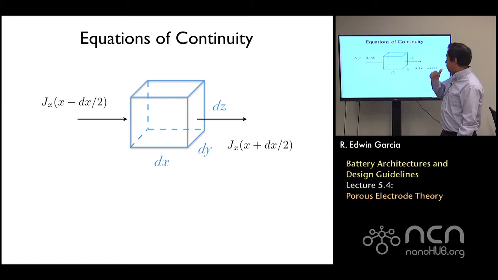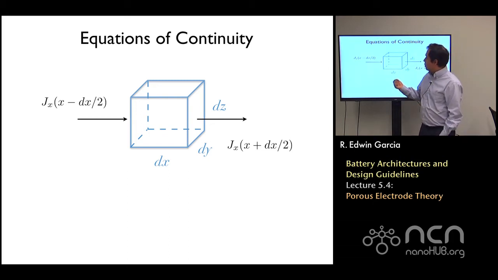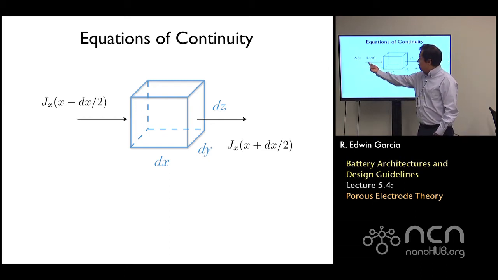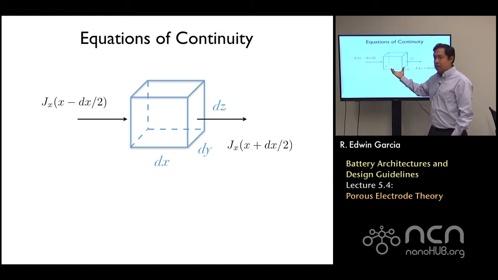And conceptually, what you have is the transport, how much mass enters one phase. If you consider a cube of material, that being the electrolyte or that being an active material where you put charge, okay?